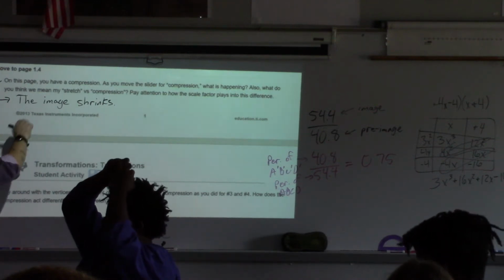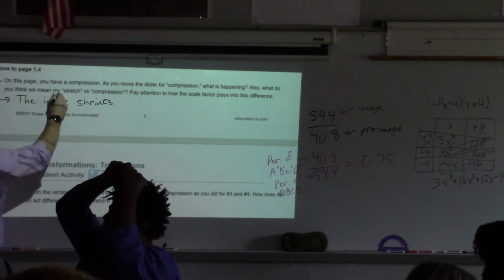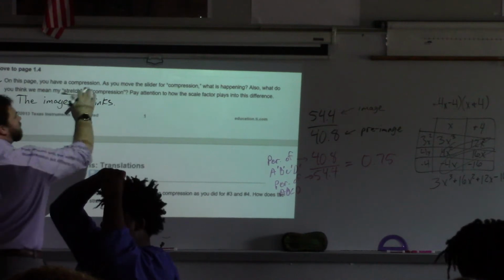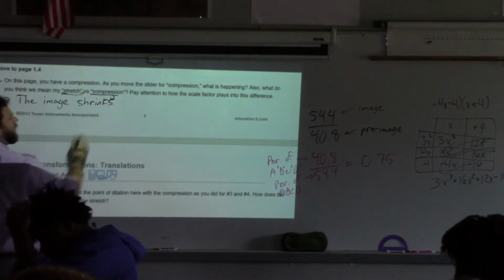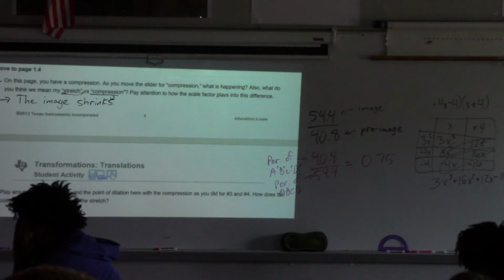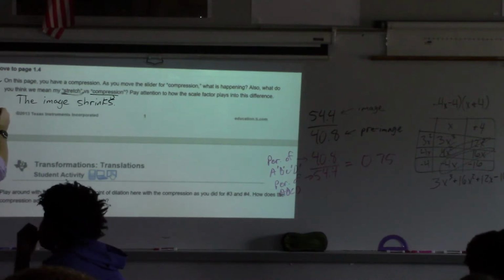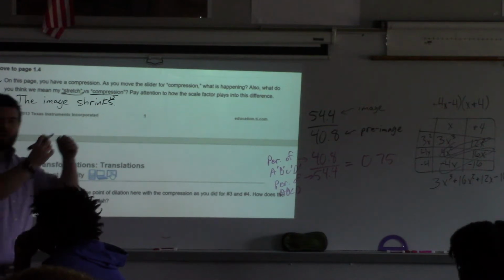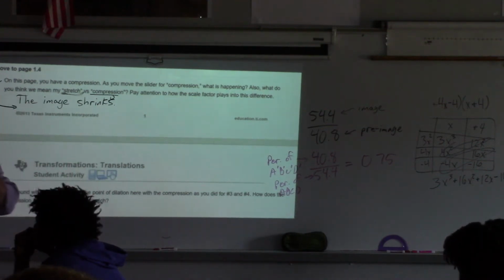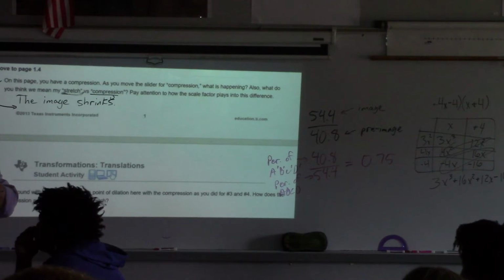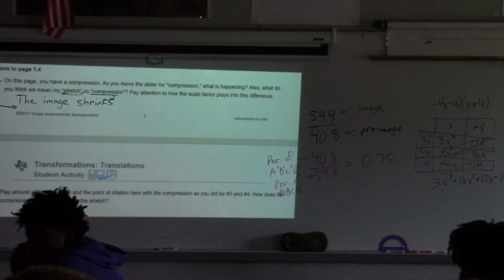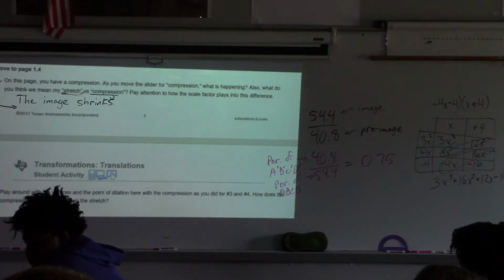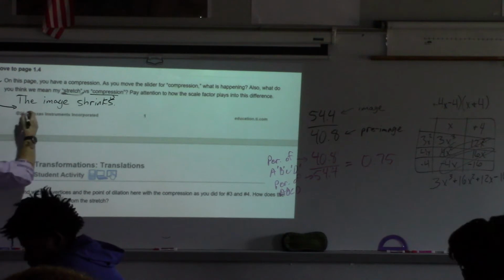What you said goes more with what we mean by a compression. The idea of a compression is that the image is shrinking, but what's actually happening? Mathematically, how do we go from the pre-image to the image? We multiply by the scale factor.